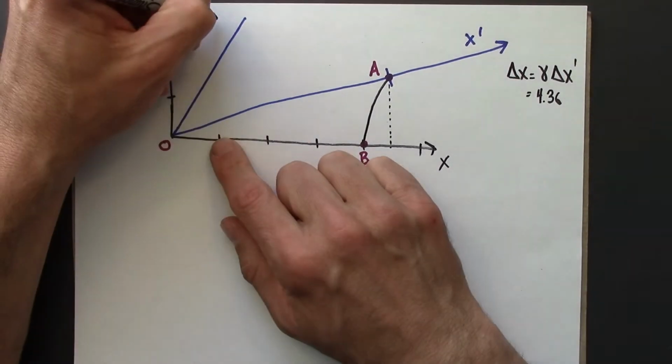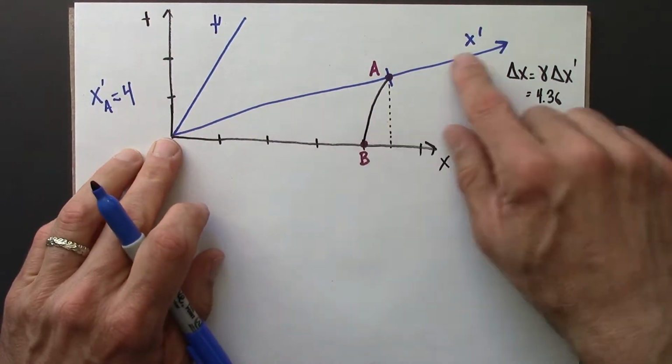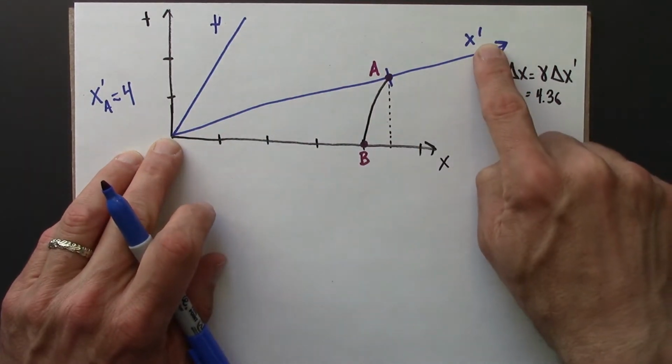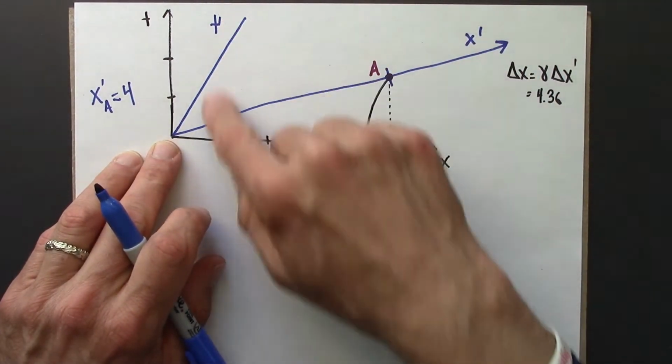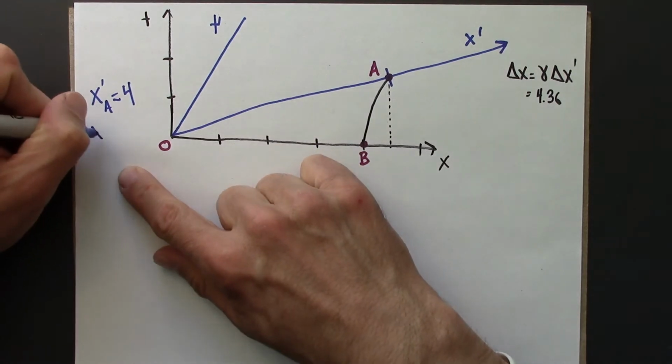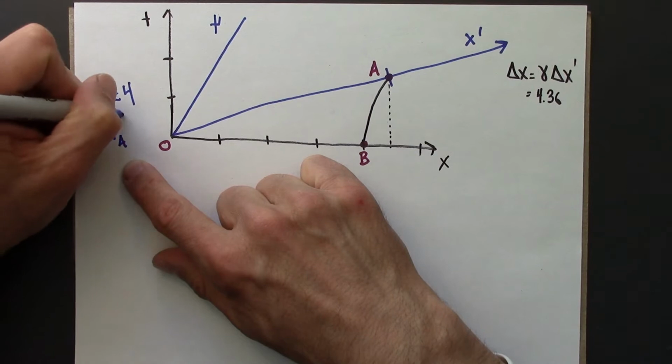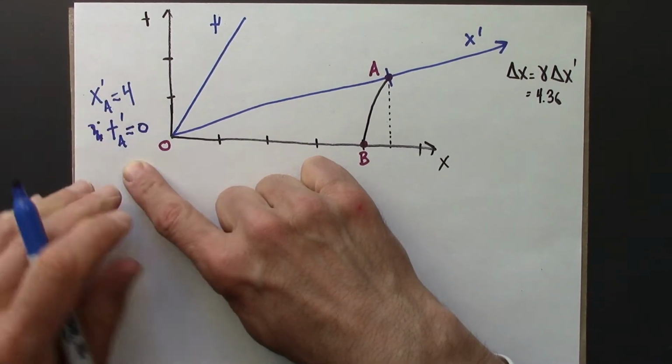And the time at which that occurs is 0. Everything along the x prime axis is simultaneous. It happens at t prime equals 0. So t prime A is 0.